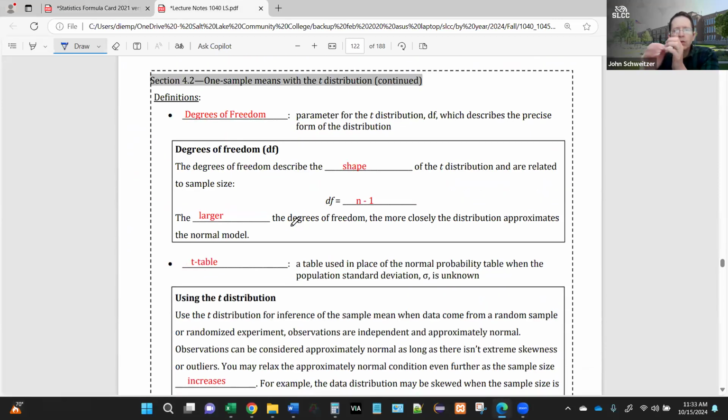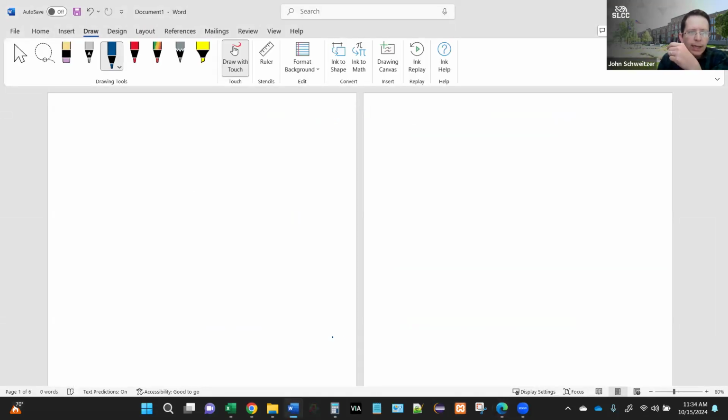And now we really want to do inference. So we'd like to be able to use X bar as a point estimate for mu to create a confidence interval. So let's think about how that worked in the previous chapter. In chapter 3, remember we had p hat. That was the confidence interval, right? And the central limit theorem told us that p hat has a sampling distribution that's approximately normal, right?